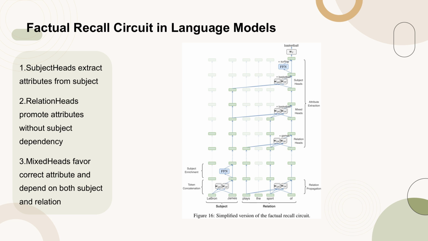Relation heads promote attributes without being causally dependent on the subject, allowing for the consideration of relational information that is not tied to specific subjects. Mixed heads generally favor the correct attribute and depend on both the subject and relation, combining the strengths of both types of heads to resolve the correct prediction. This combination of heads, each proposing different sets of attributes, together with the action of some downstream FFNs, enables the model to accurately recall factual information.